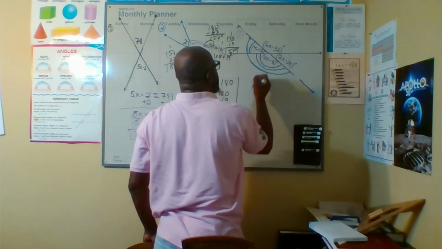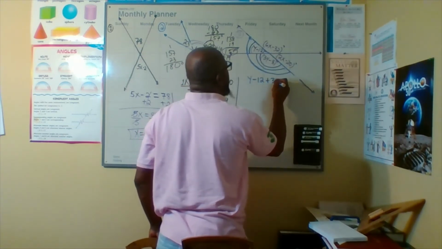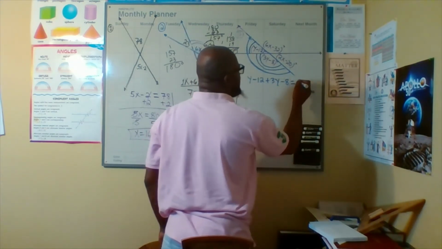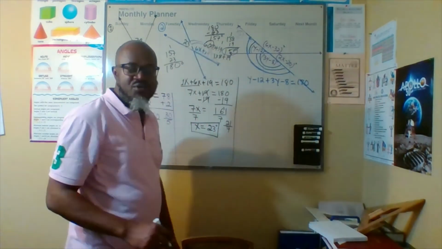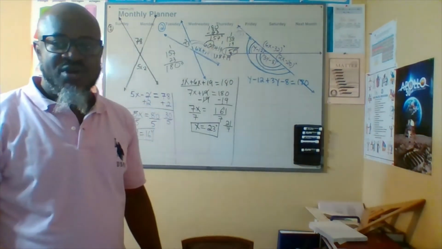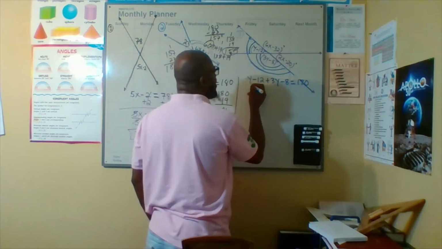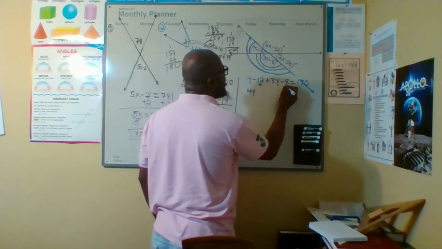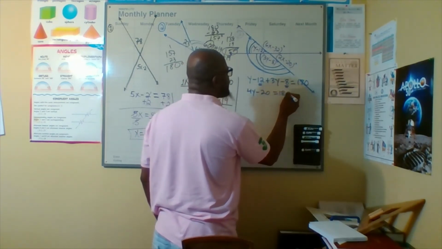So we're going to take those two expressions, y minus 12 plus 3y minus 8. They cannot be equal to each other. They have to be equal to 180. So those have to be linear. So that's the equation. Now, your next goal is to solve the equation. Since you wrote your equation down, then you will have 1y plus 3y is 4y, minus 12 minus 8 is minus 20, is equal to 180.